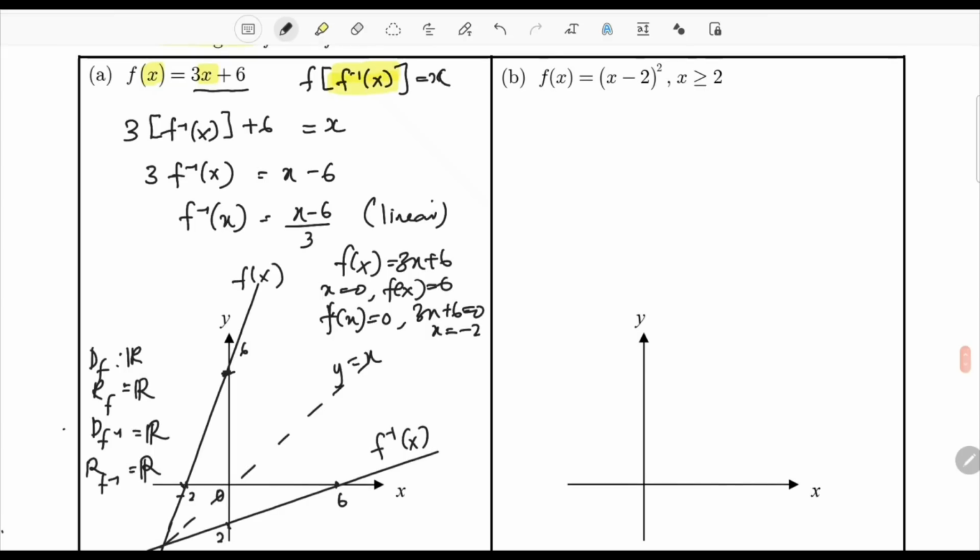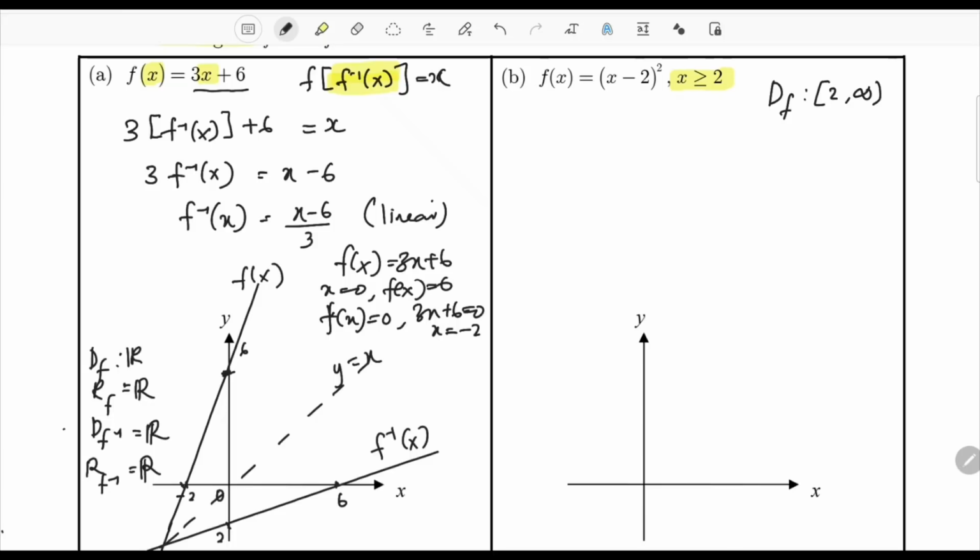f(x) equal to (x minus 2) squared, where x is greater than or equal to 2. So this is important. If you have this, by right, you will know already that the domain of f is 2 to infinity.